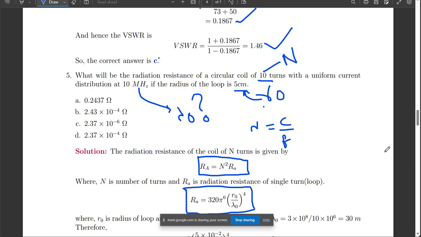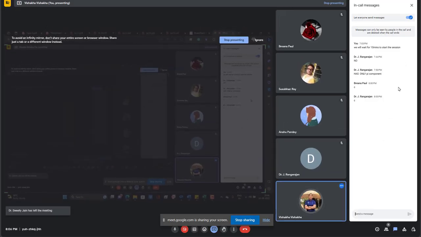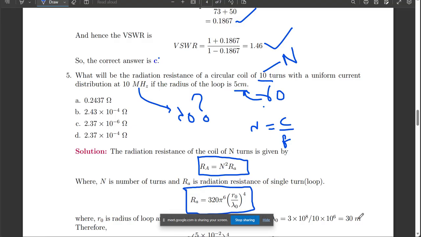So do this question. I'm giving you 3 minutes for this question and tell me which is the correct option. Okay, do it fast.